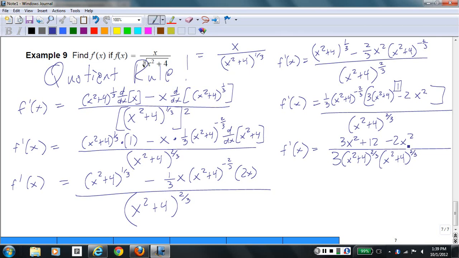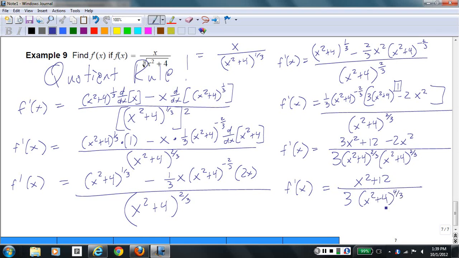Are we in a position to write the final answer? Is it about time? f prime of x equals x squared plus 12 over 3 times x squared plus 4.